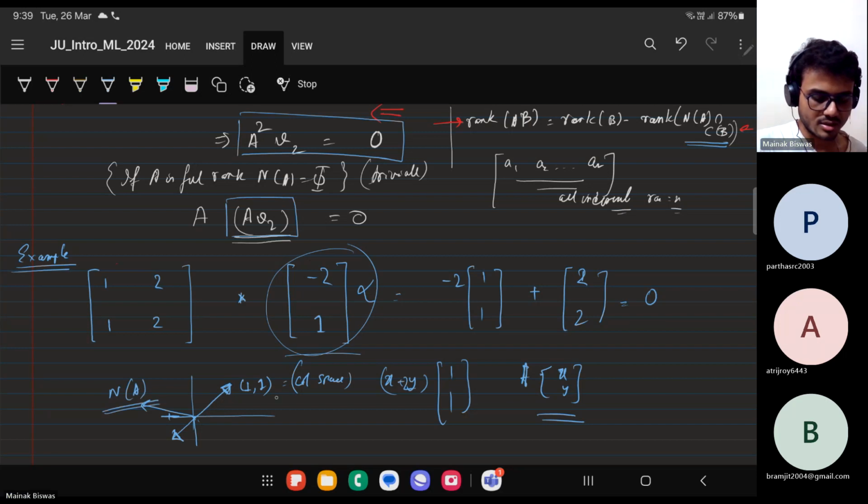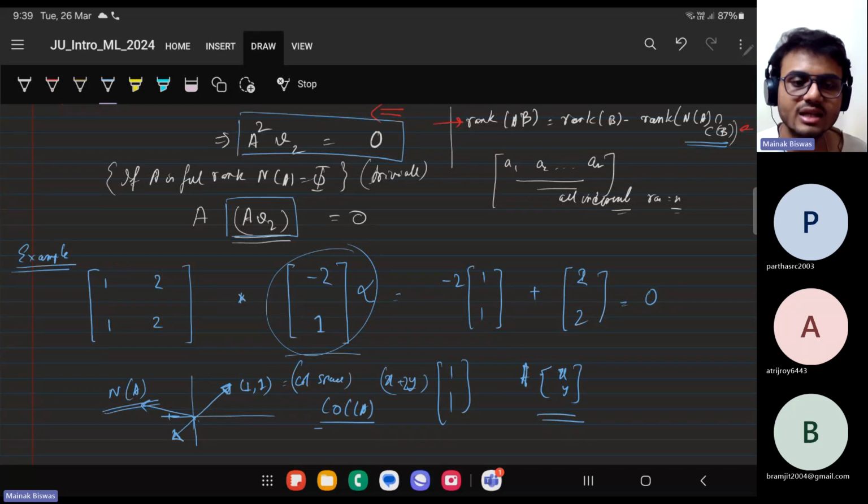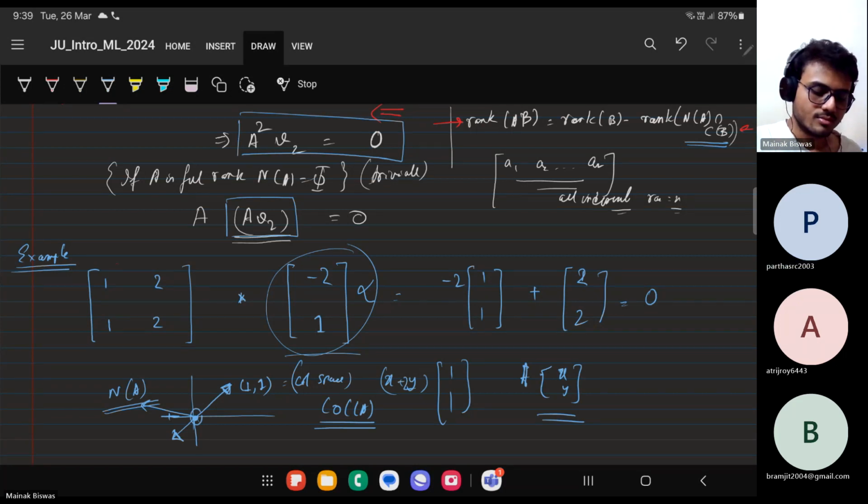Null space of A, column space of A. But here we see that there is no common element except 0, 0. But there can be cases where there can be common elements, I believe.